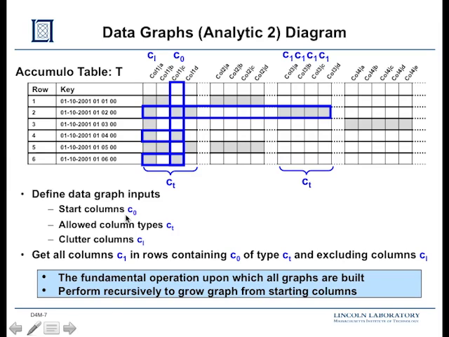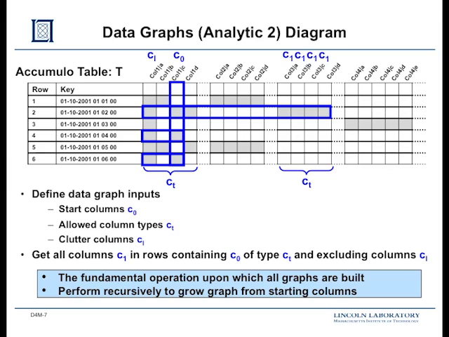What we're going to do is set a starting column, C0, that'll be our set of starting columns. We're going to set a set of allowed column types, since we're interested in certain column types. And we're going to create a set of clutter columns. These are columns that we want to ignore, because they're either very, very large or whatever.